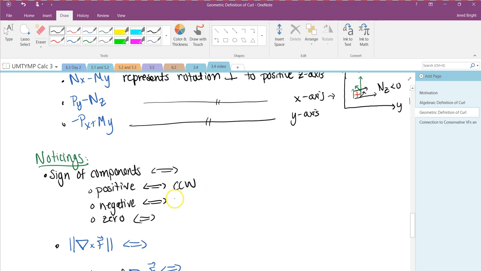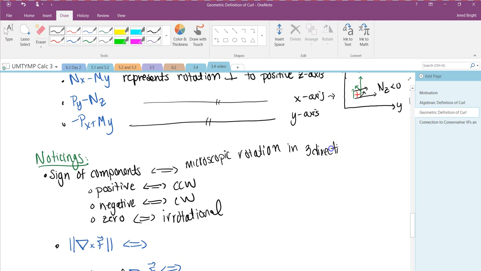If we have negative components, we're going to have clockwise rotation, and 0 is going to be irrotational again. So the sign of the components is going to describe microscopic rotation in 3 directions.